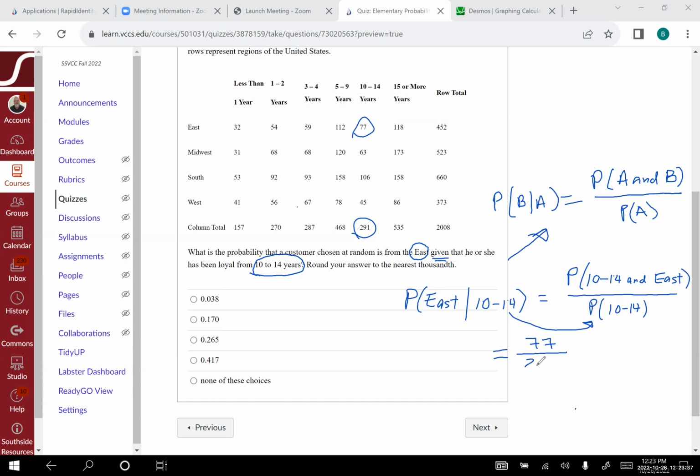We'll just do this. And what'd you get for that? I got the 0.265. Ayana, is that what you got too? Yeah. Okay, here we go.